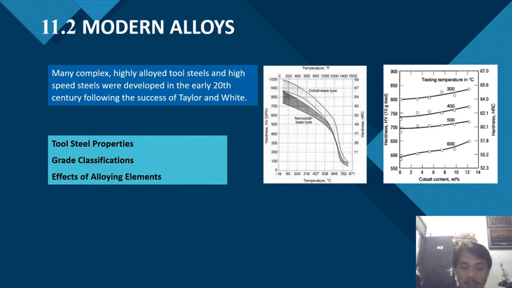And carbon is by far the most important of the alloying elements and is very tightly controlled. Silicon is up to a level of approximately 1.00%. The influence of silicon on high speed and tool steel is relatively minor.